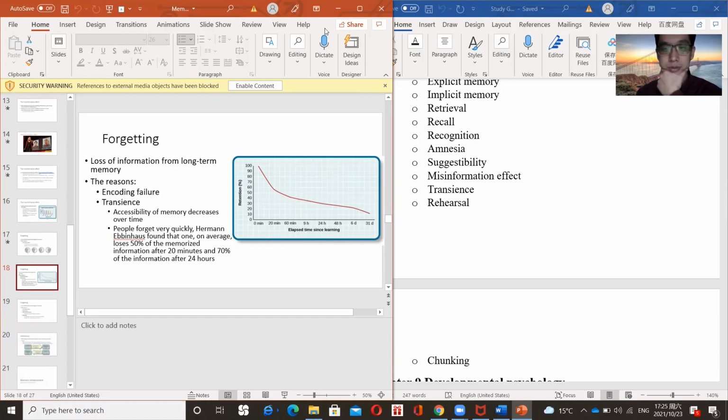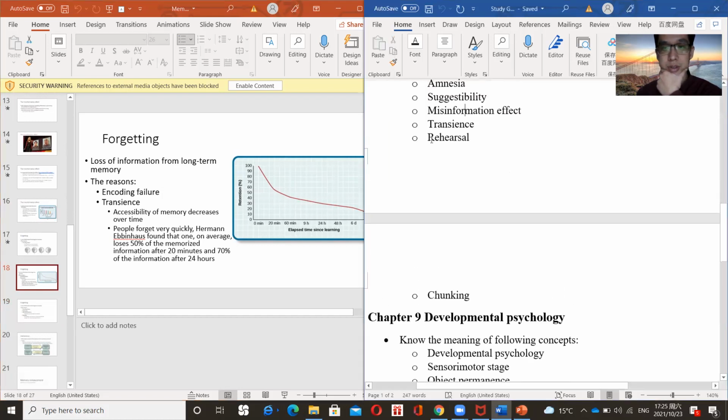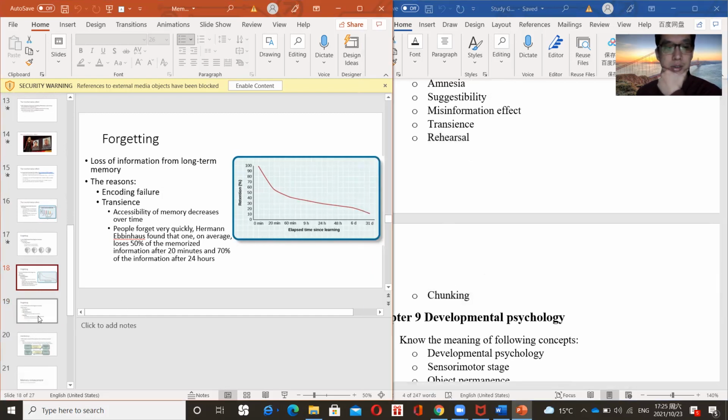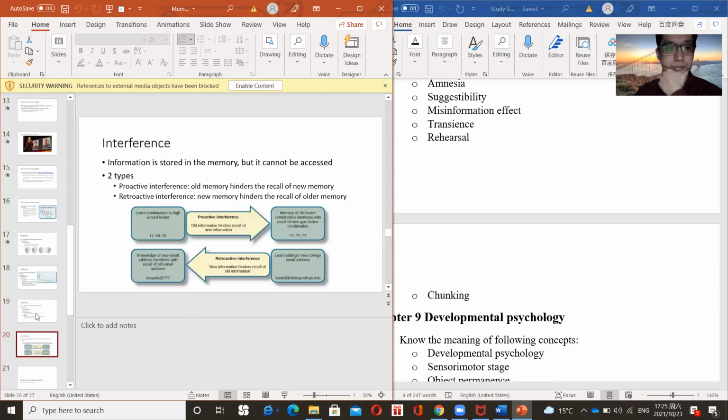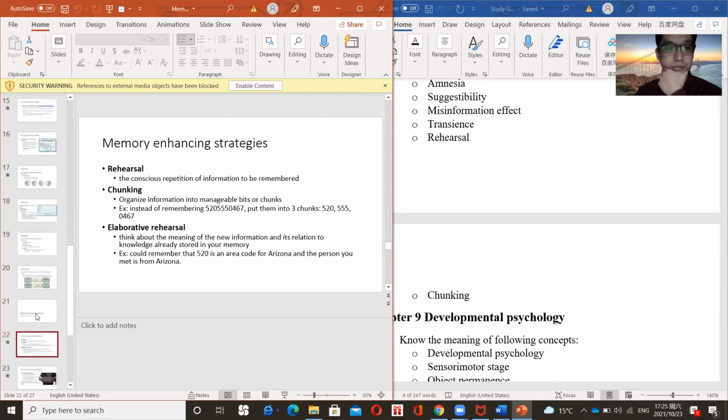And the next two concepts are rehearsal and chunking. Rehearsal and chunking are strategies to enhance memory.